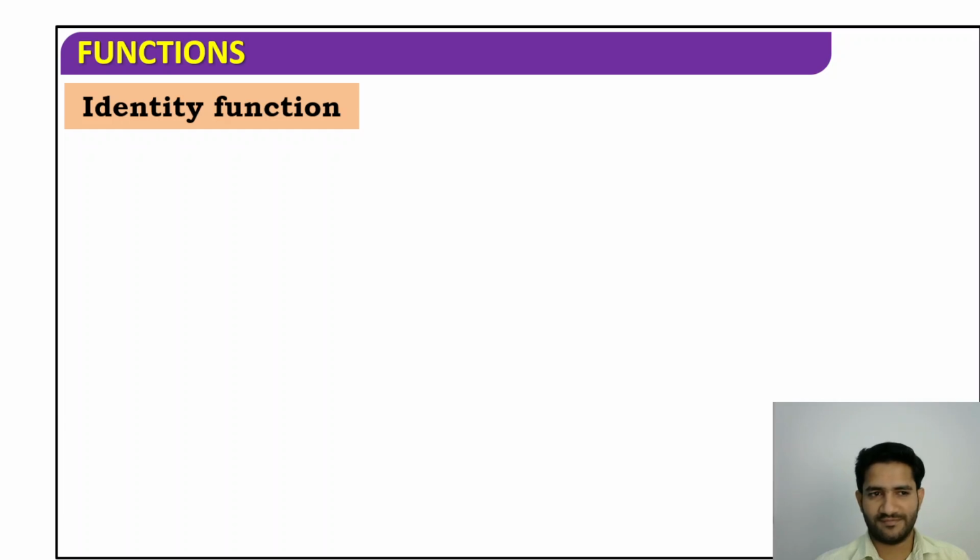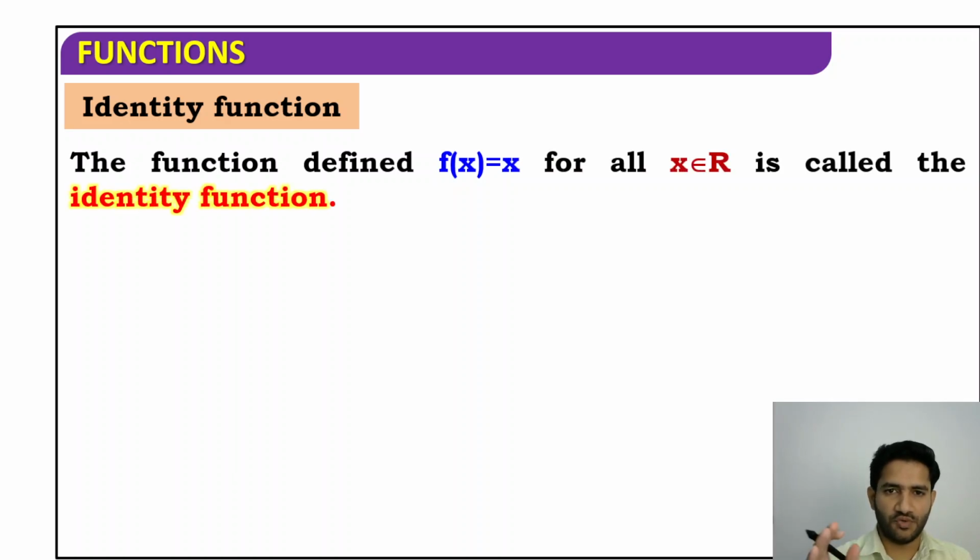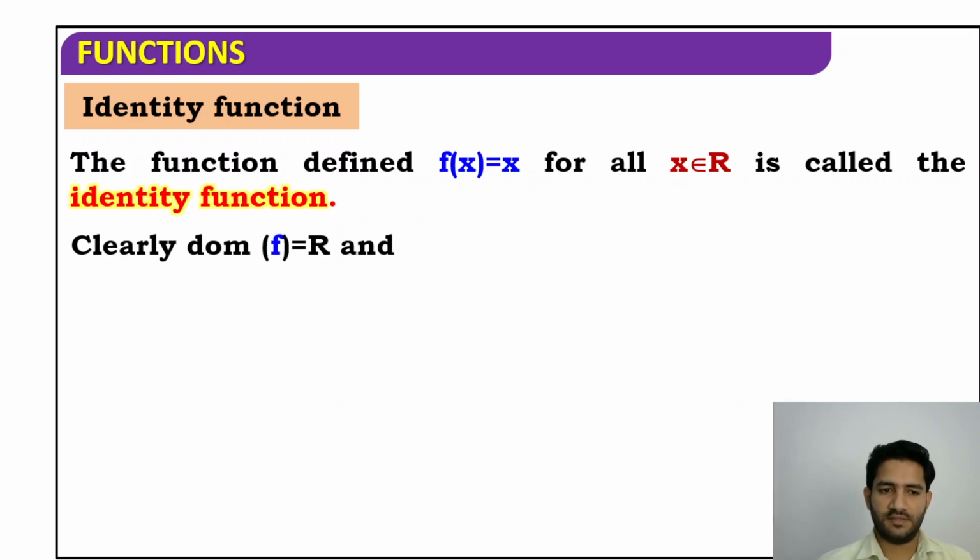the identity function. We know that it's very simple. x maps to x itself, 2 maps to 2, 3 maps to 3, 0 maps to 0. That is called the identity function. Obviously the domain is the set of all real numbers, because we can substitute any value for x.